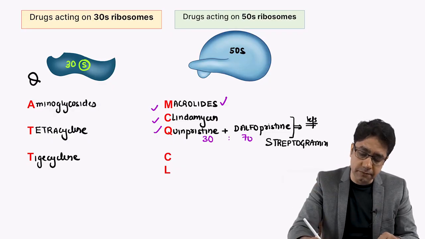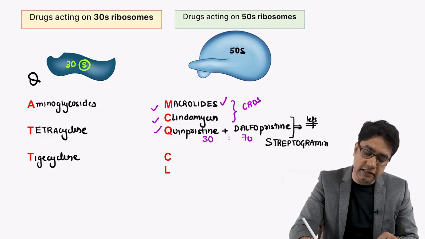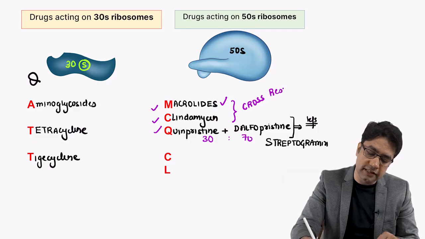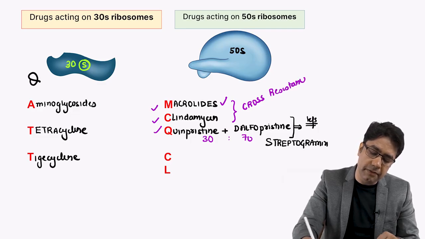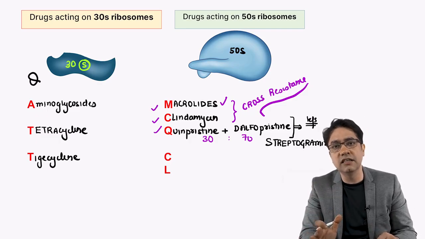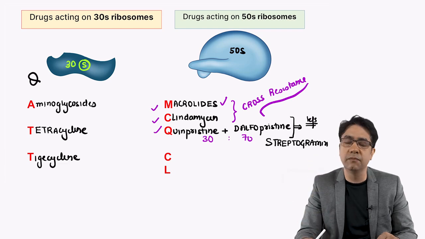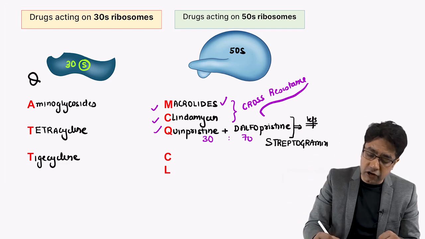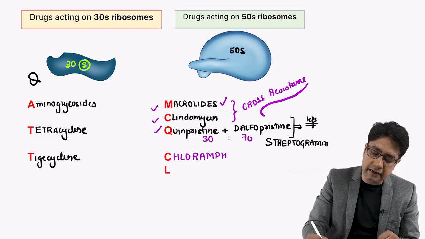So a question comes, which three antibiotics show cross resistance? Cross resistance means if a bacteria becomes resistant to any one of them, very high chances other two antibiotics will also become resistant.